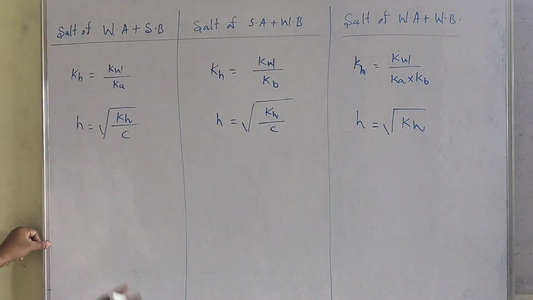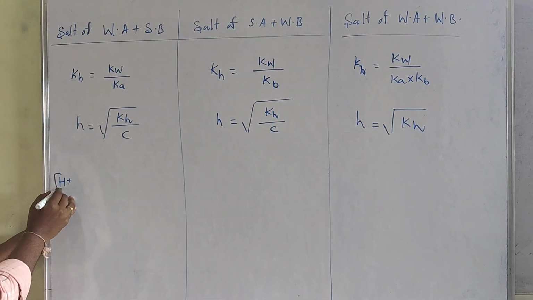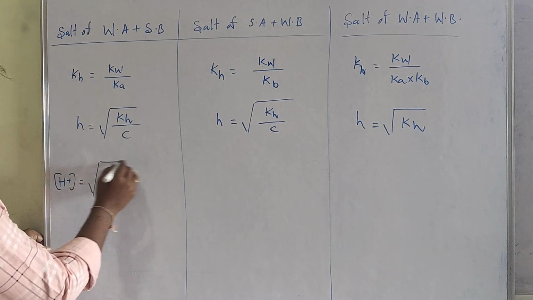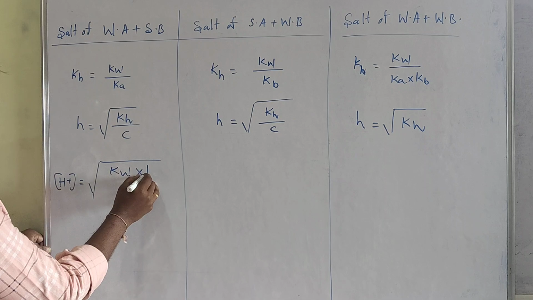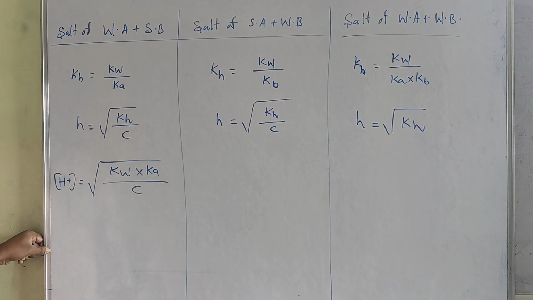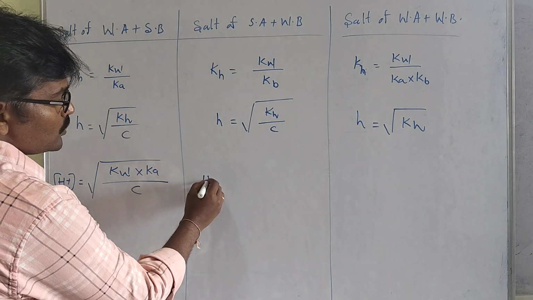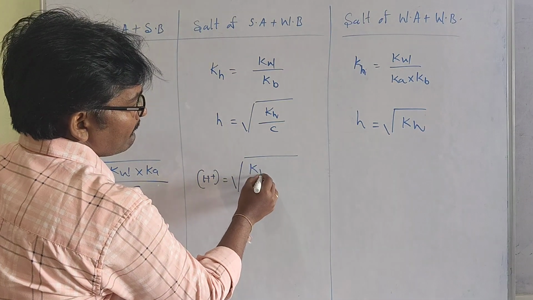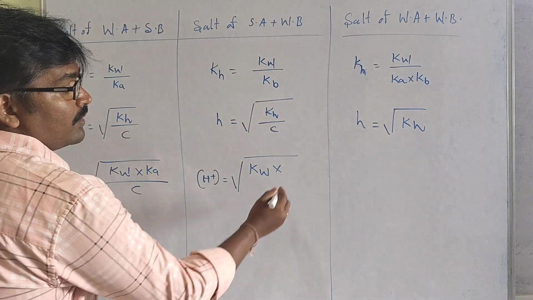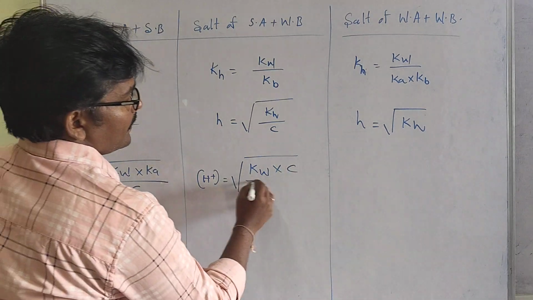Then here H plus ion concentration equals the square root of Kw into Ka divided by C, right? Here H plus ion concentration equals the square root of Kw into, remember C will go up there, then Kb.